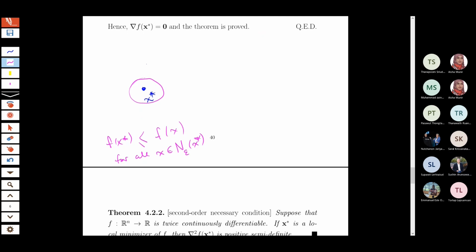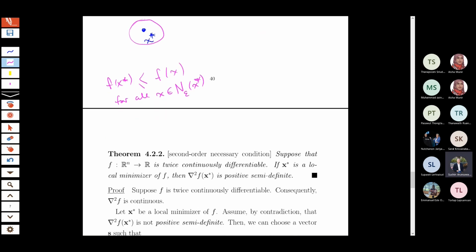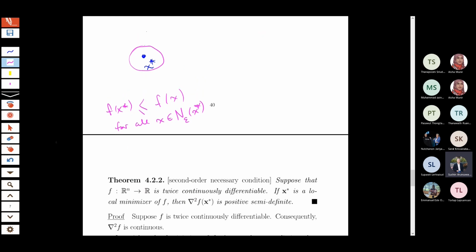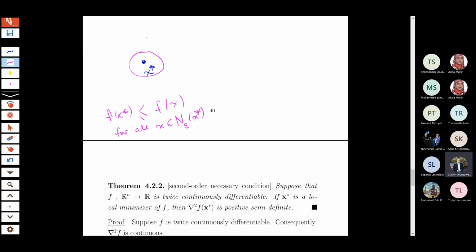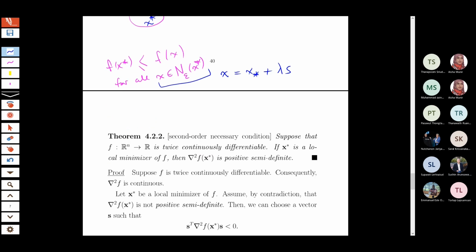We represent a point x in the neighborhood as x equals x star plus lambda s, where lambda is very small.